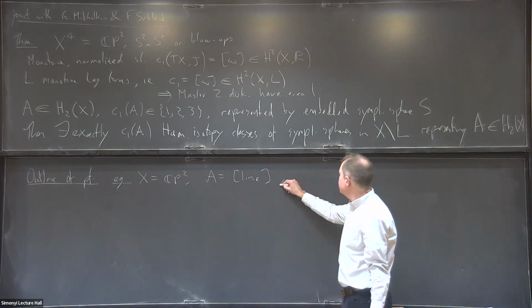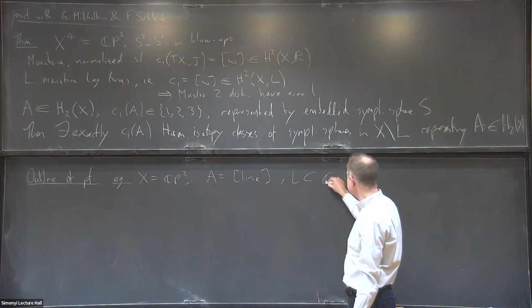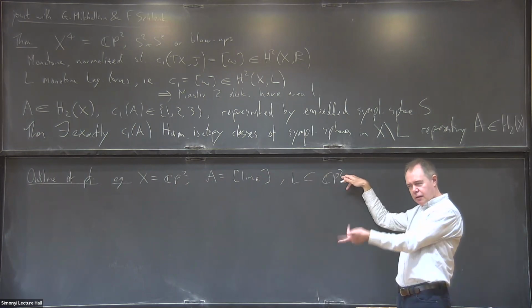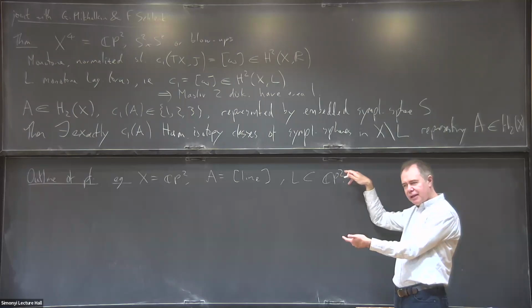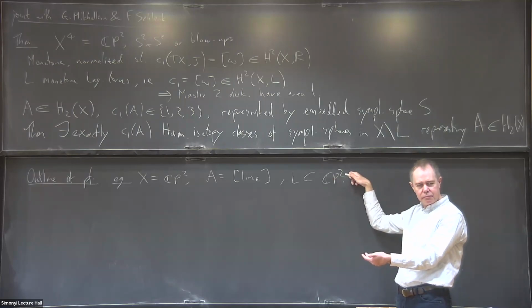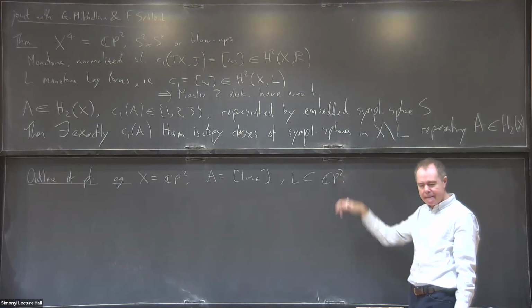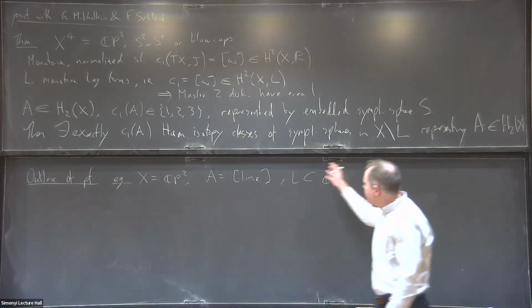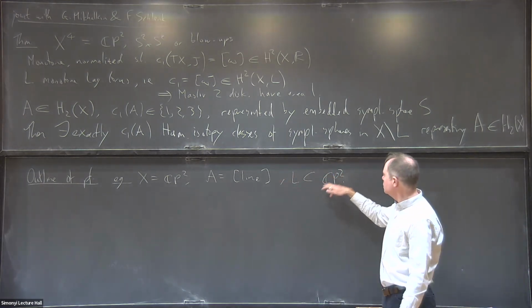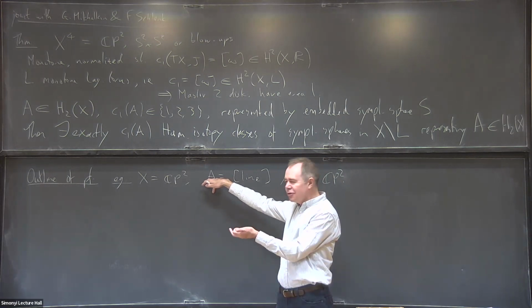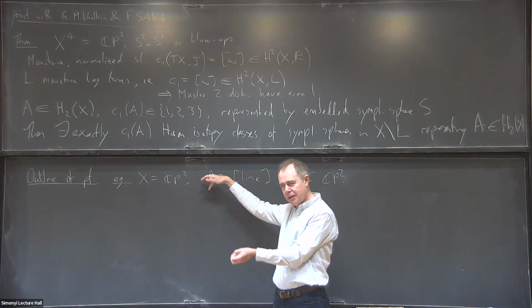Now I have a monotone Lagrangian torus in CP2, and I'm claiming there are exactly three Hamiltonian isotopy classes of symplectic spheres in the complement of the torus, no matter which torus you choose. In this case, we know there's only one Hamiltonian isotopy class of spheres in CP2. They're all Hamiltonian isotopic.